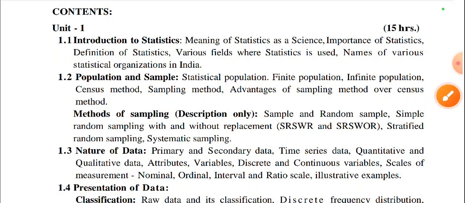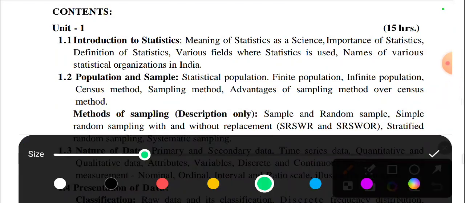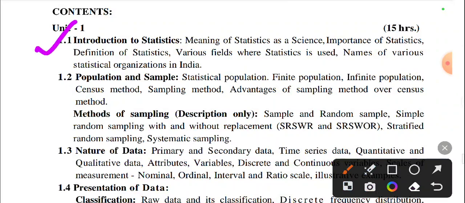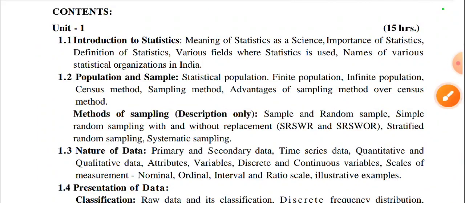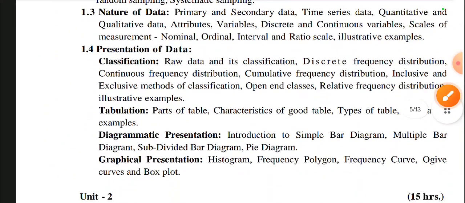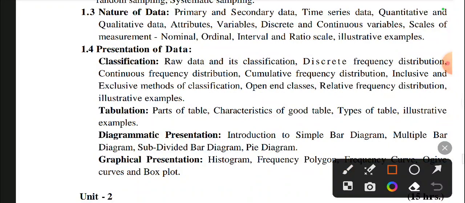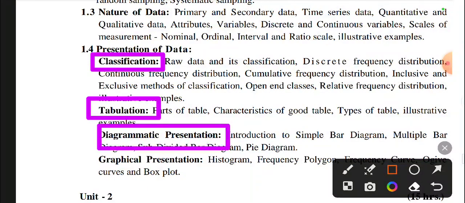The first sub unit is introduction to statistics. The second one is population and sample. The third one is nature of data. The fourth one is presentation of data. In presentation, there are again sub units: classification, tabulation, diagrammatic representation, and graphical representation.